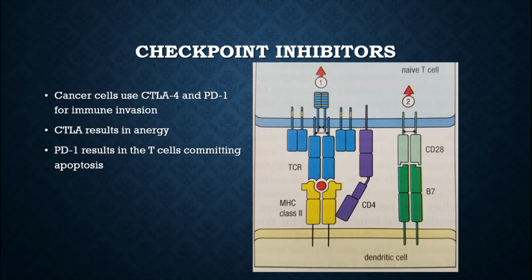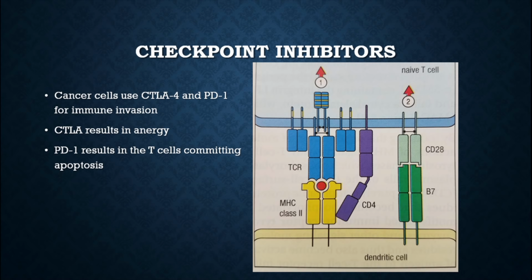So a cancer cell avoids the immune system by presenting CTLA4 and PD-1. So if a T cell does interact, it gets killed or it becomes anergic, right? So the way that treatments are getting around this is by making a checkpoint inhibitor. If you block that CTLA4 on the cancer cell, or if you block its PD-1 receptor, it can't prevent that T cell from activating.